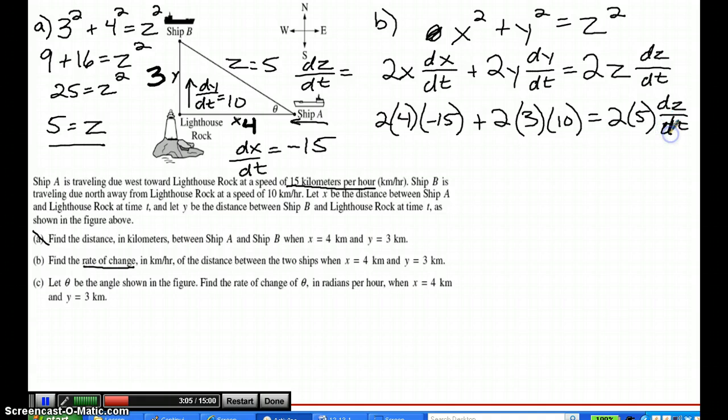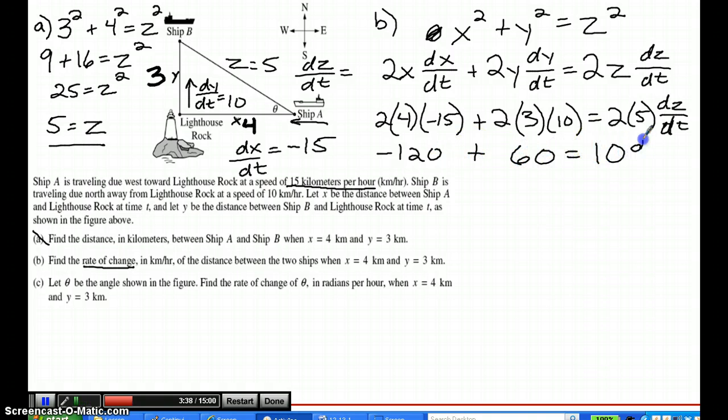If that was too fast, you can always pause the video and catch yourself up. All we're doing right now is, we know that we need to find the rate of change, so we take the derivative of our formula, and that leaves us with 6 unknowns. We know 5 of them, and we're going to find the 6th one now. So 4 times negative 15 is negative 60, times 2 is negative 120. 2 times 3 times 10 is 60.